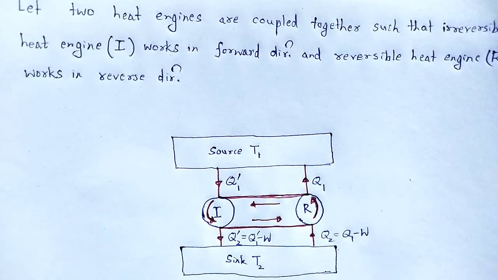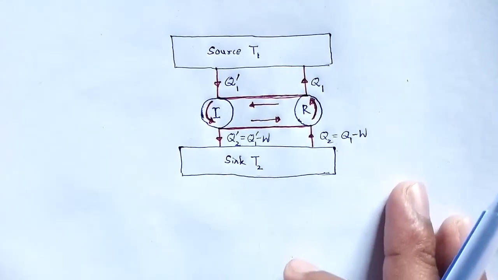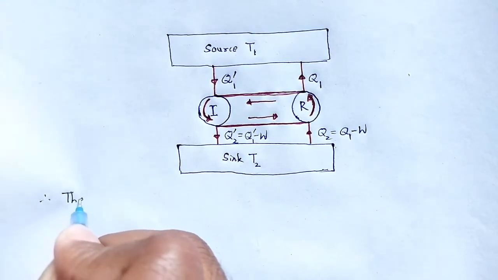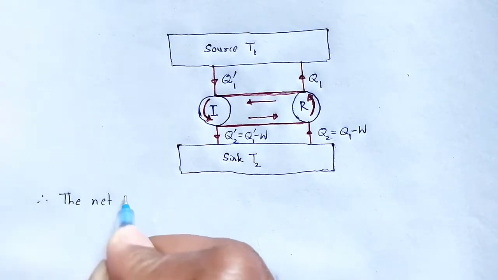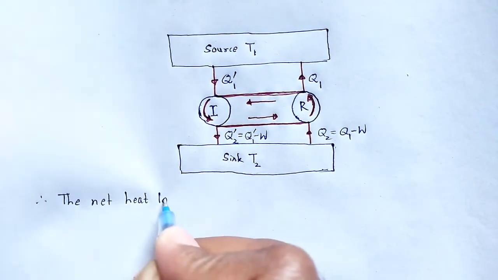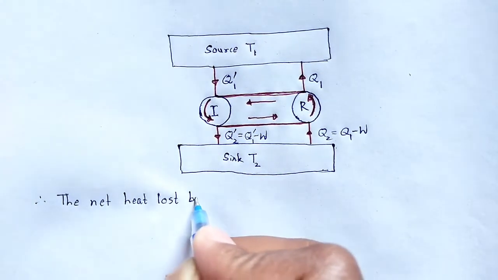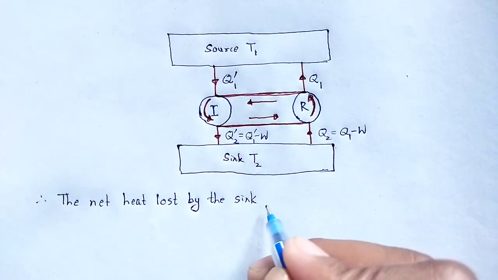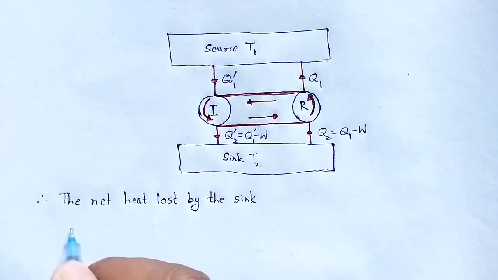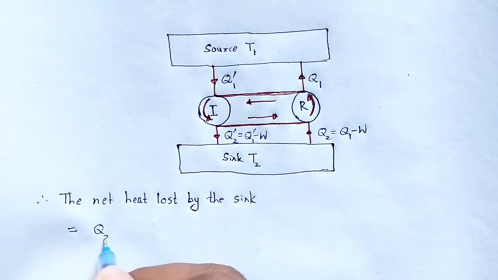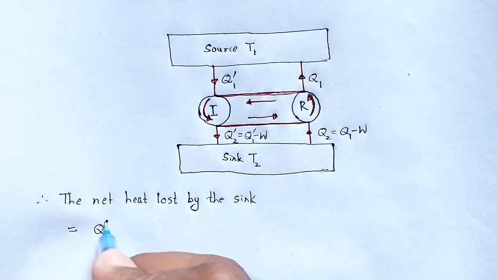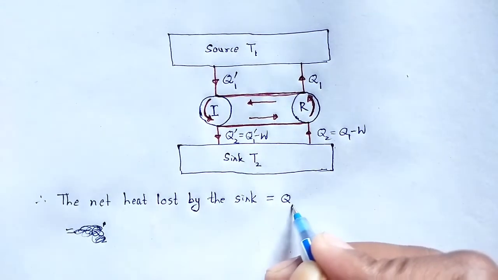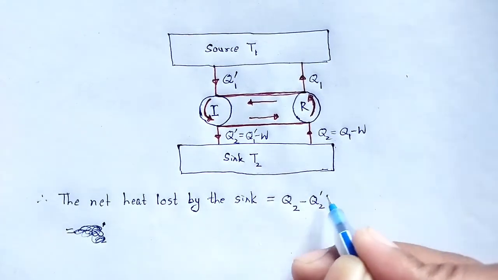So, what should be the net heat lost by the sink? Therefore, the net heat lost by the sink is equal to Q2 minus Q2 dash.